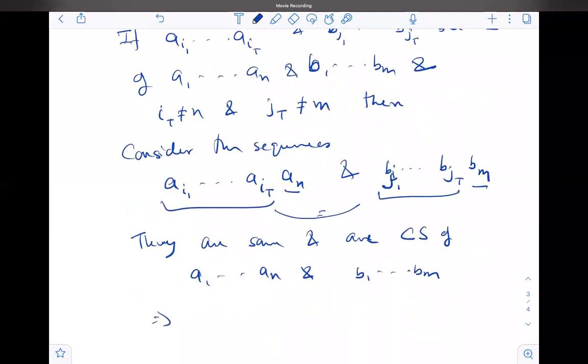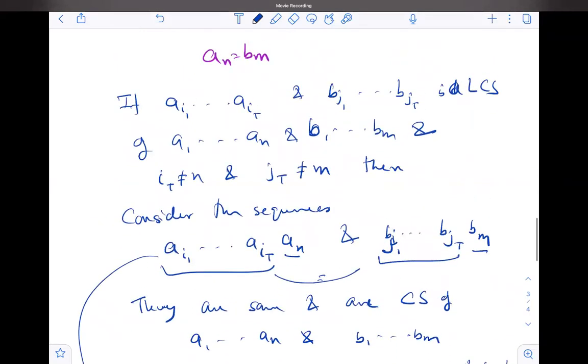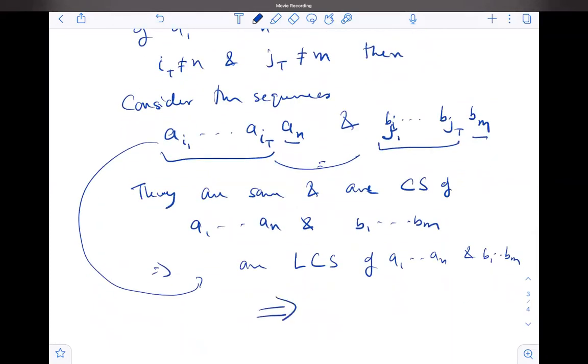That means these sequences are longer than the LCS of A1 to AN and B1 to BM. But this is not possible, because I have already assumed these are the longest common subsequences. So this gives us a contradiction.